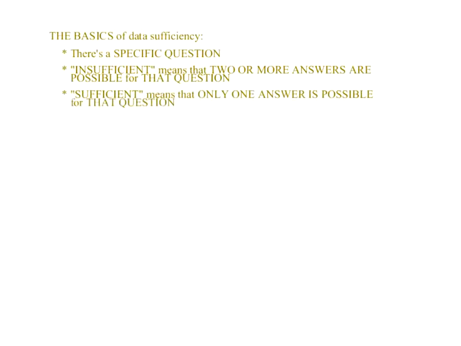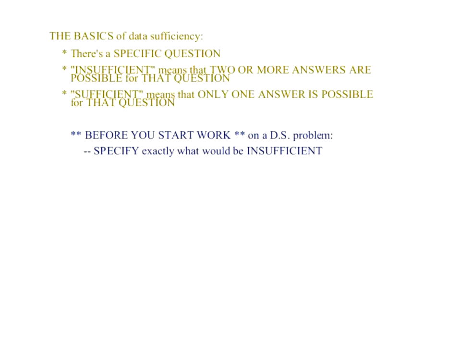So what you should be sure to do, and we're going to make this more concrete as we go through these problems, is you should make sure that before you even start doing the work on any data sufficiency problem, before you start work on one of these problems, make sure you specify exactly what would be insufficient, and then make sure you specify exactly what would be sufficient.